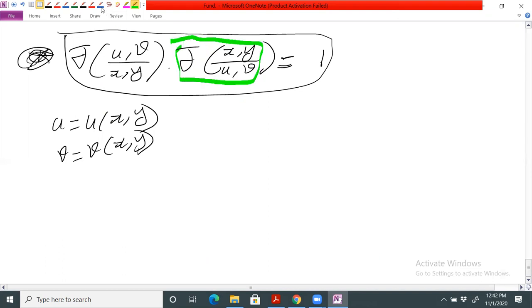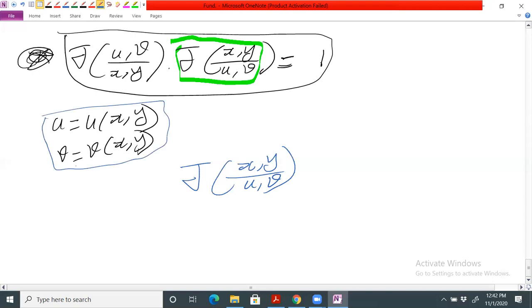But they will ask us to find the Jacobian of x, y with respect to u, v, while giving u, v as functions of x and y. Again repeating, they'll give us u, v as functions of x and y. In that case, we can find the Jacobian of u, v with respect to x and y. But they will ask us to evaluate the Jacobian of x, y with respect to u, v.